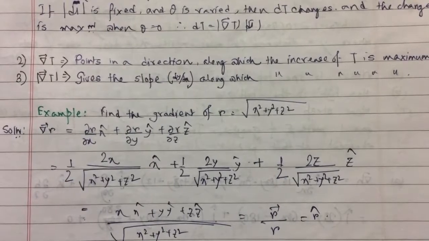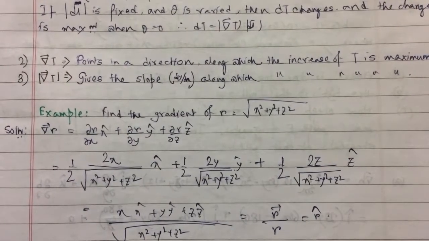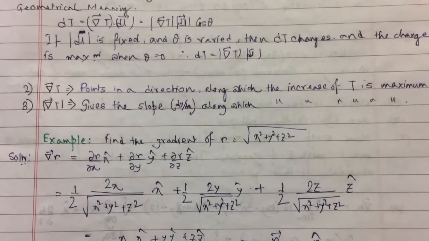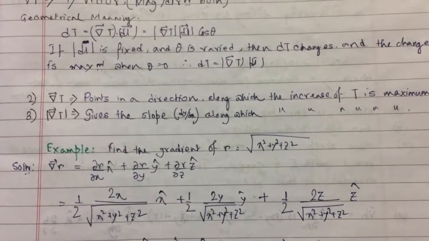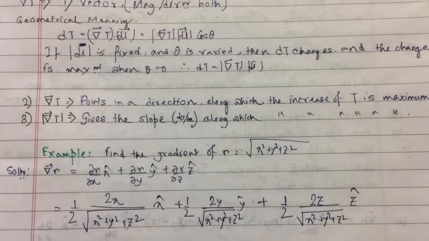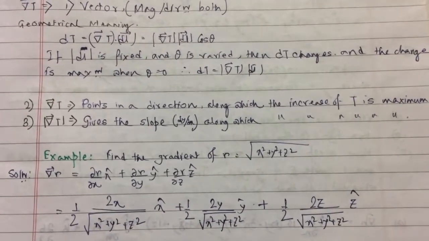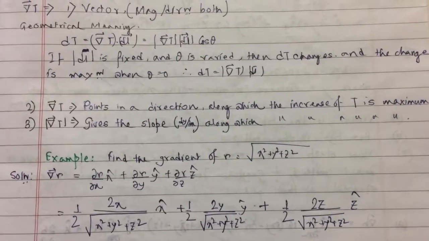Now just notice, we have dt equal to del of T, I mean gradient of T dot dl.